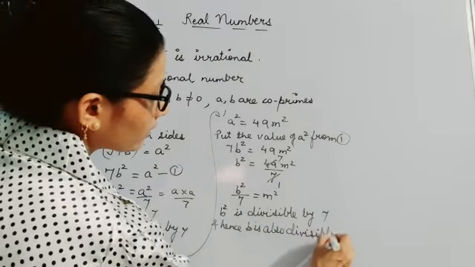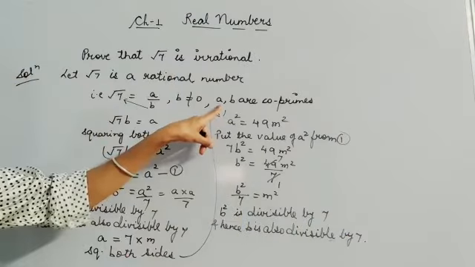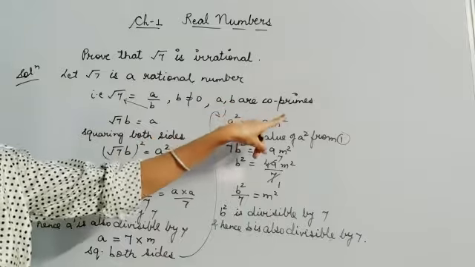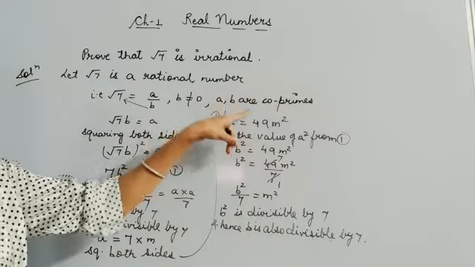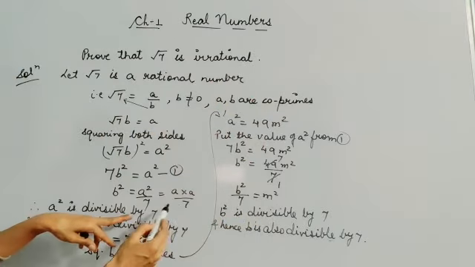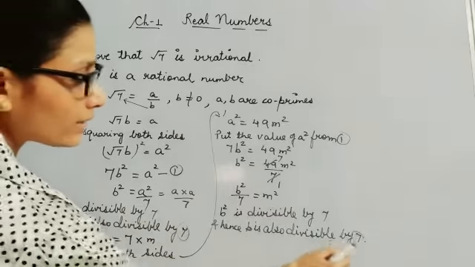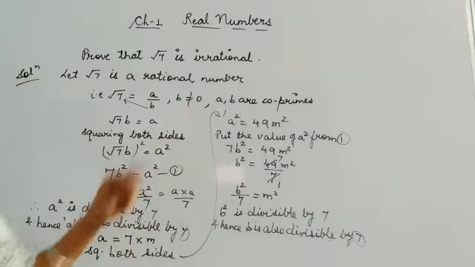But what we have said above is that a and b are co-primes. That means they have only common factor 1. But here I am getting a common factor of a as 7 and b as 7, which contradicts our assumption.